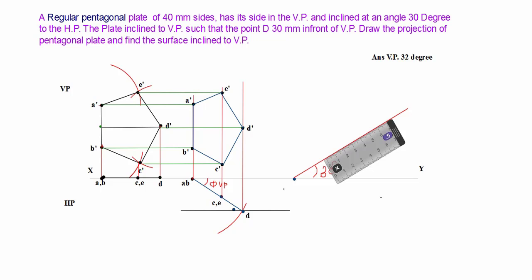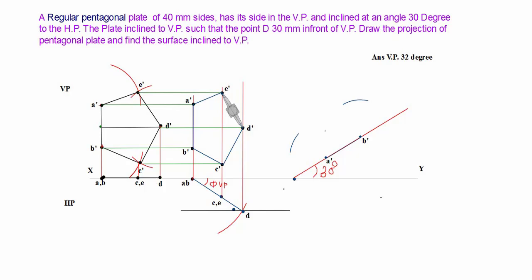So here I mark the 40 mm distance, and it is my position of A point and position of B point. Now friends, on the 30-degree inclination line, you arrange your side A dash B dash. So it is inclined to HP 30-degree.